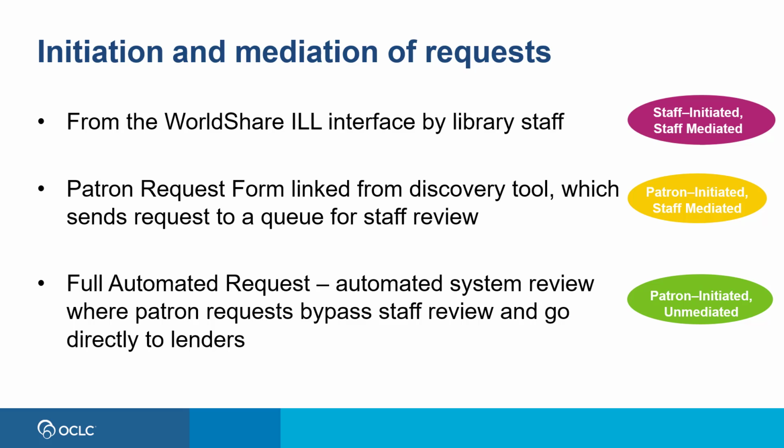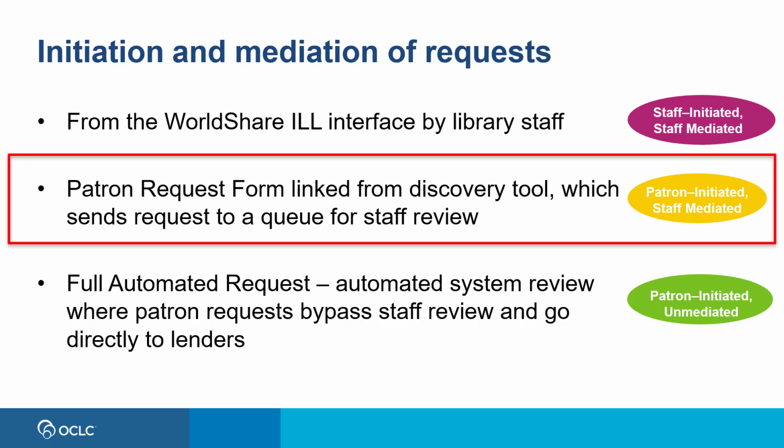OCLC offers documentation on Automated Request Manager, which can be configured for all three methods. In this video, we will focus on the one in the middle, the patron-initiated, staff-mediated method of processing requests using WorldCat Discovery.